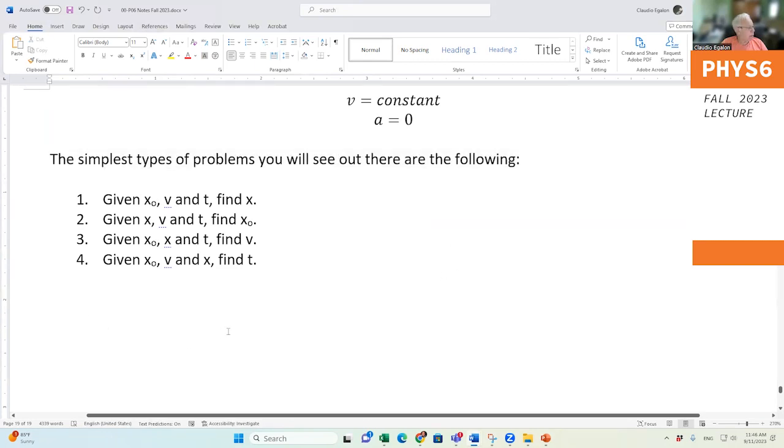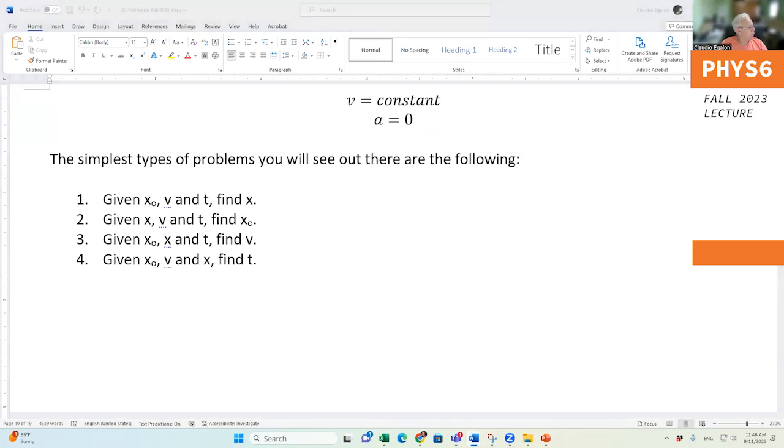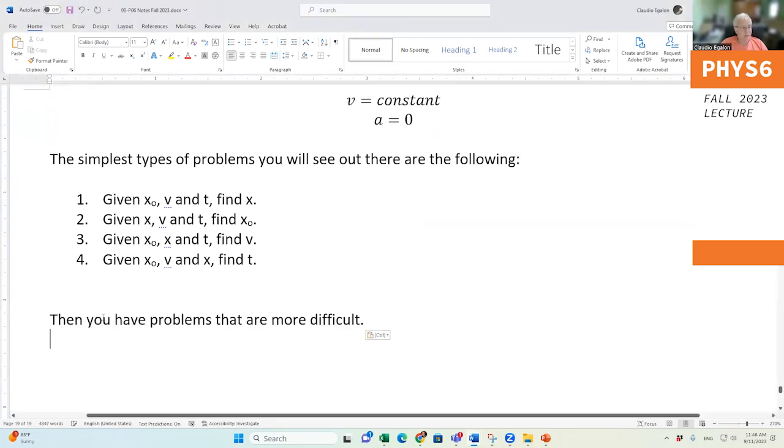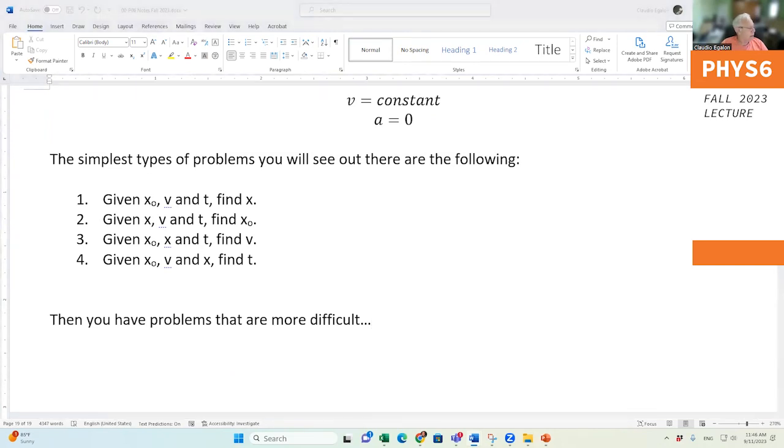But there are problems that are more difficult. Then you have problems that are more difficult, okay? And that's where the example comes into play. Okay, here you go.